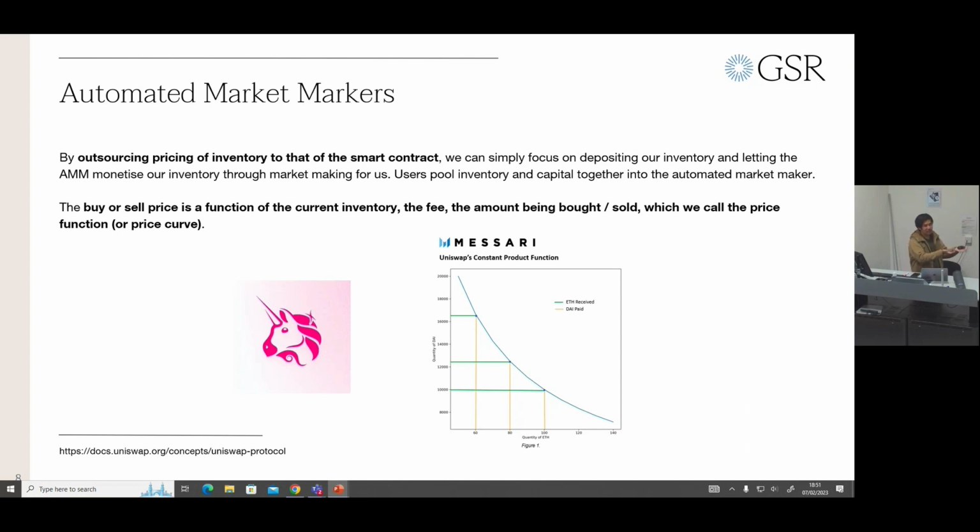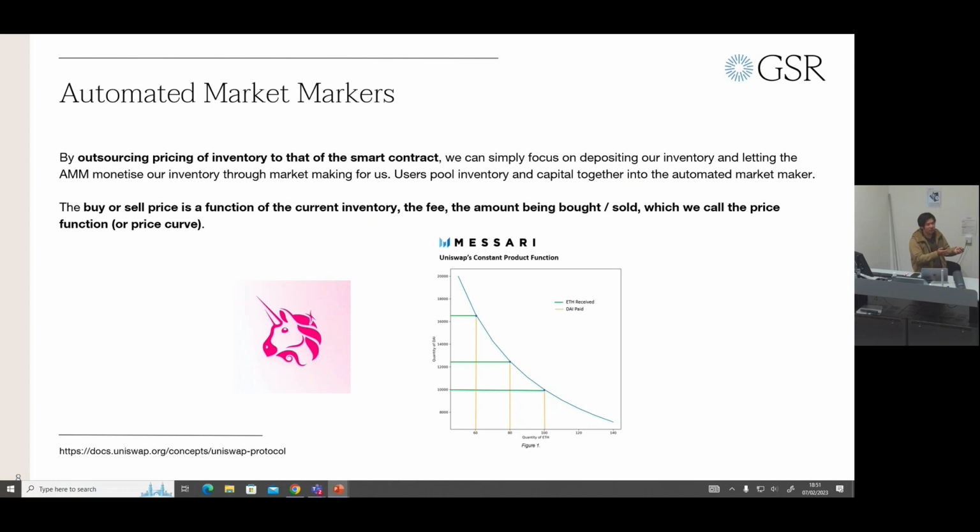And from that, it gives you a deterministic price to trade with. So you can go to an automated market maker and effectively ask, what's the price you're going to give me if I buy, let's say, 10 Ether from you, in USD? The automated market maker will determine the price based on this pricing function.